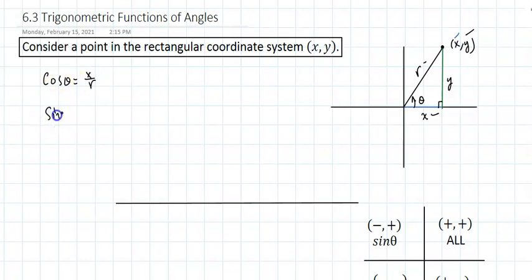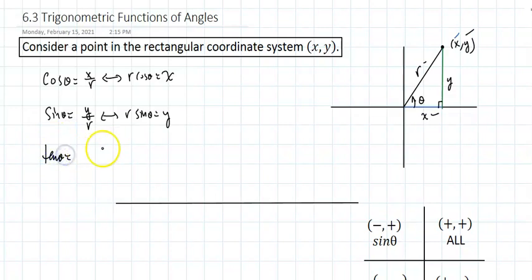The sine of theta would be the opposite over the hypotenuse. Of course, I could derive that. r cosine of theta equals x, and r sine of theta equals y. And if I take tan of theta, that would be the opposite over the adjacent.